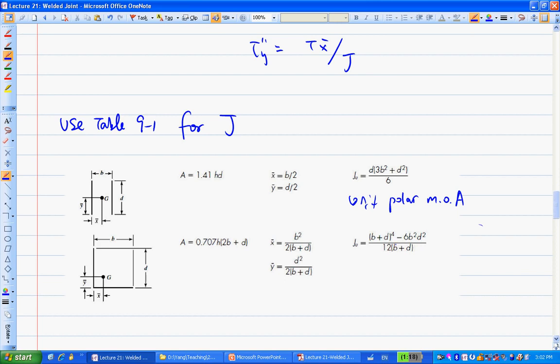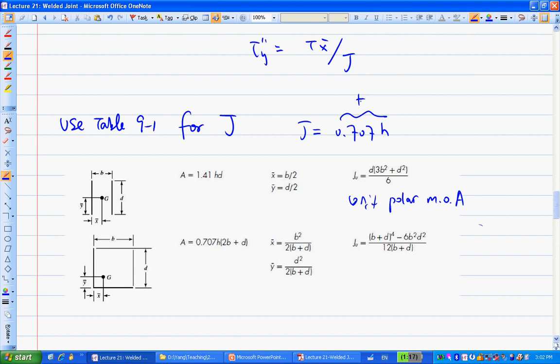Every geometry has a J_u. Then what is the J? Remember, this is a unit table here; the t is set to 1. So when we calculate, J equals 0.707h, which is the actual t value.